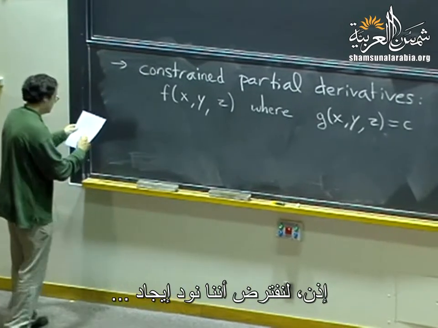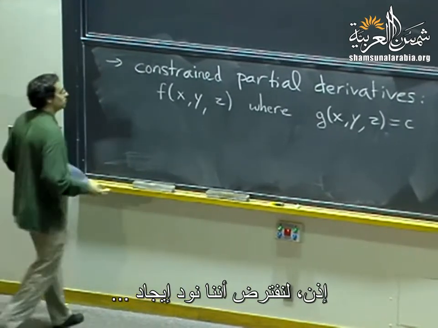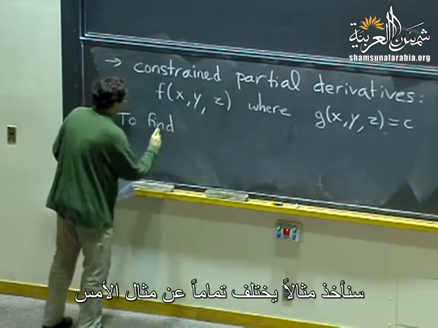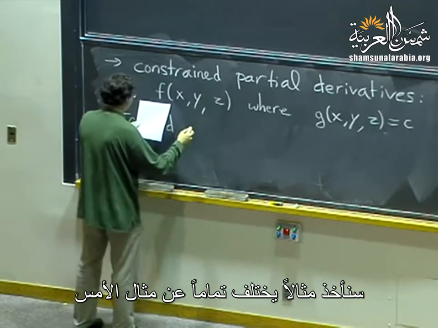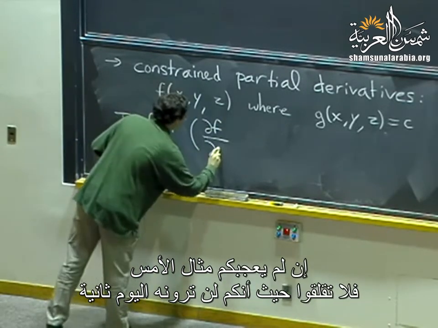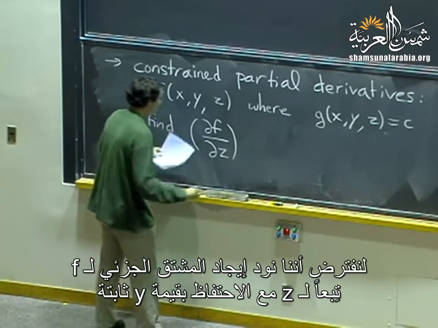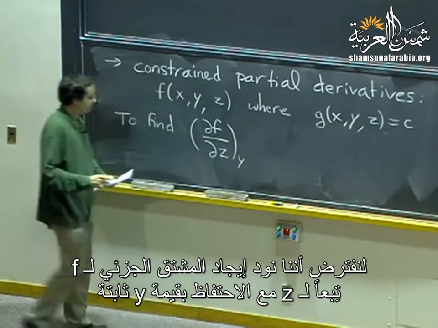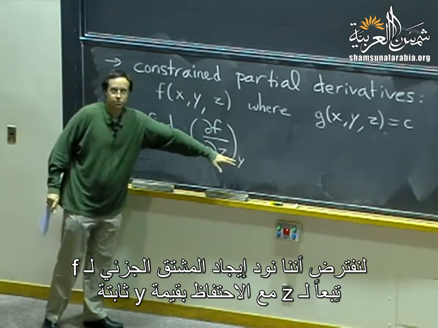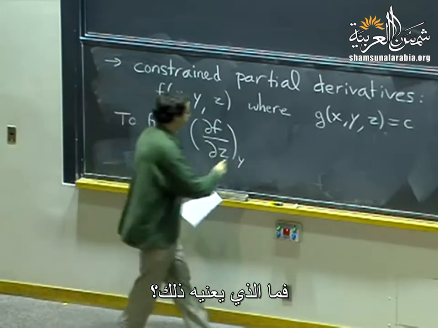So let's say, for example, we want to find, because I'm going to do a different example from yesterday, so that if you really didn't like that one, you don't have to see it again. So let's say that we want to find the partial derivative of f with respect to z, keeping y constant. So what does that mean?